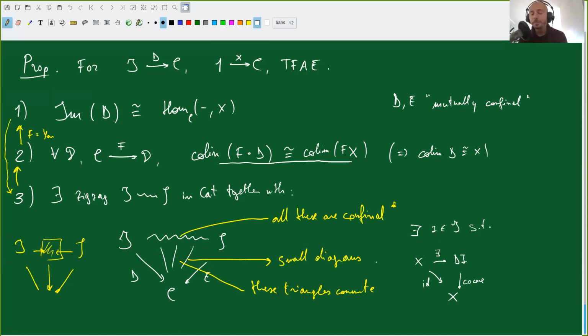So somehow X is eventually a retract of some of the D i, and uniquely so, in the sense that if it's another retract, then there is a zigzagging here. So we're saying that our cocone is eventually split. Like eventually it has a section, and even uniquely so in some sense.